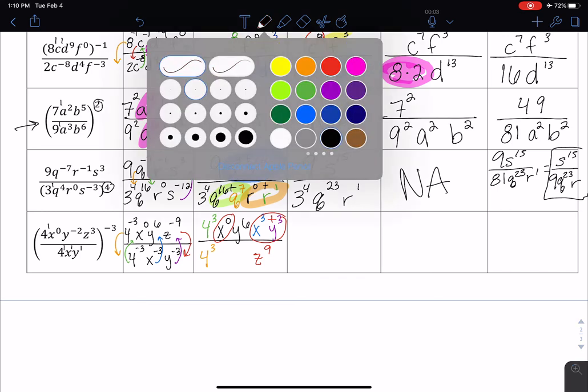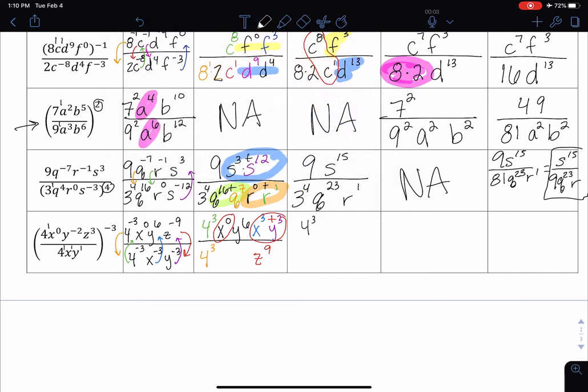Okay, so I get 4 to the 3rd. 0 plus 3 is 3, plus 3 is 6. So I have 6 x's on the top. And there's no y's to add on the top, so that stays the same. On the bottom, there's no numbers or variables to add, so it stays the same. Okay, so the only thing that changed was those x's. I added all of them.